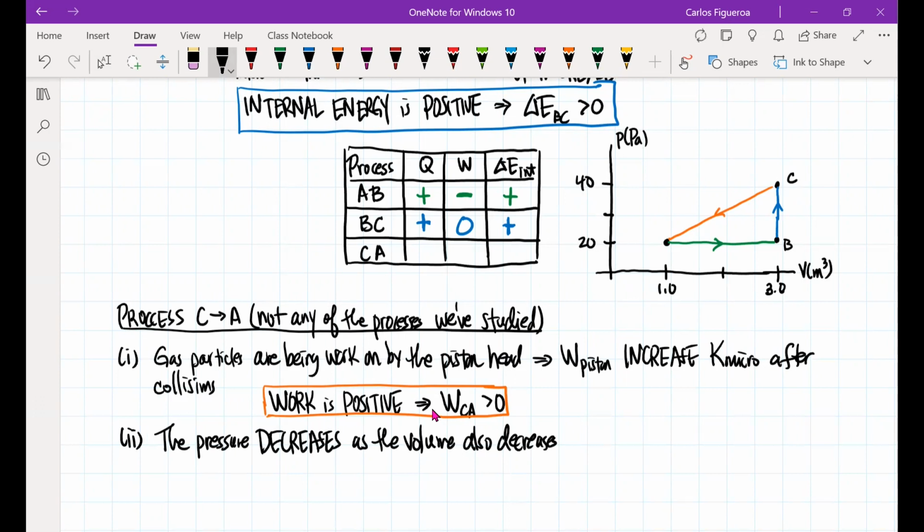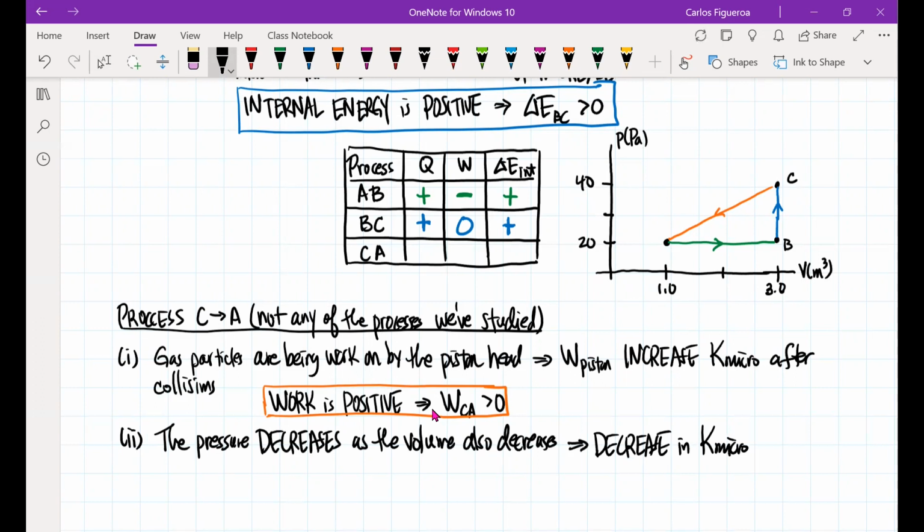But wait a minute, if the pressure decreases, that implies that there must be a decrease in K micro.